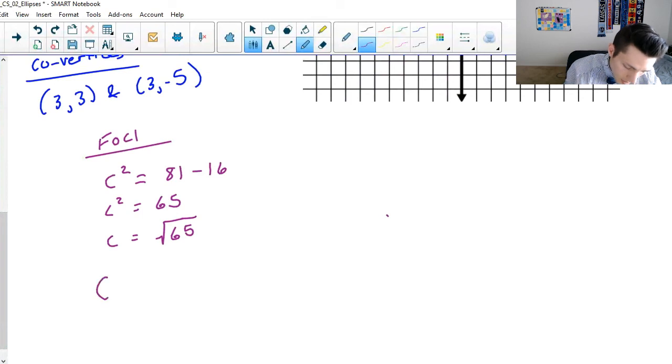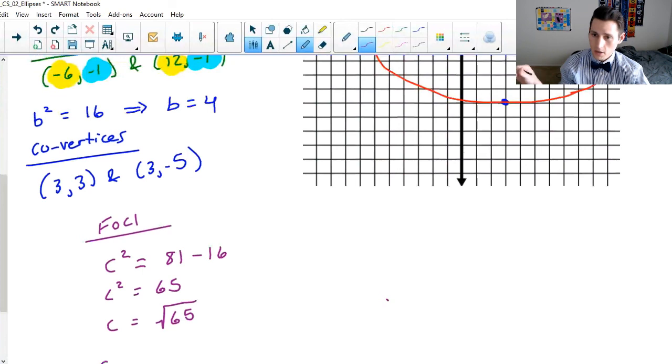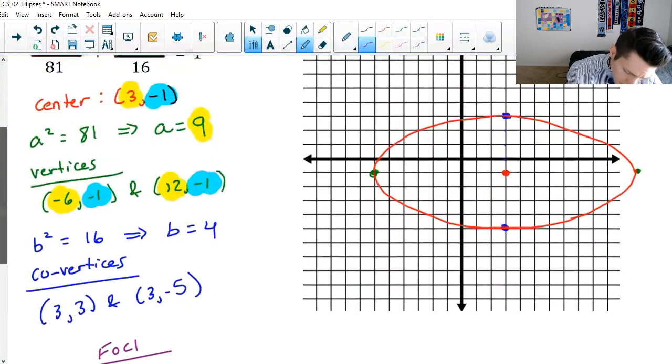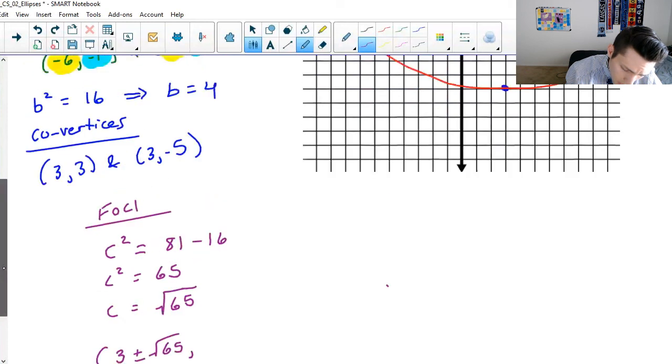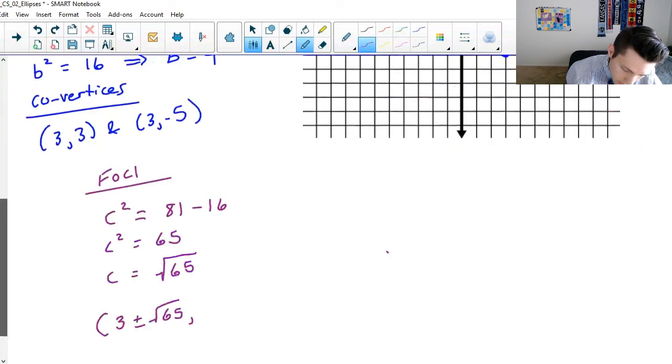Okay, so our foci, since this is a horizontal ellipse, will be going left to right. So from my center at 3, we would want to add square root of 65 and then subtract square root of 65. And the y value should just stay the same, since all we're doing is moving left and right.